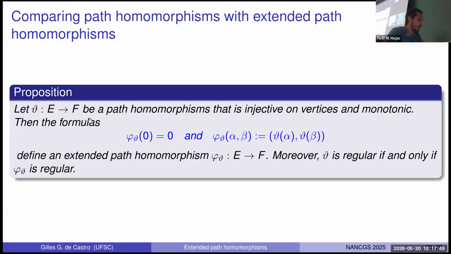We take this path homomorphism because for this extended one, we started directly from the compact algebras. We asked the path homomorphism to be already injective on vertices and monotonic. And if you have this path homomorphism like this, then the formulas themselves just send 0 to 0, because we want this to be an extended path homomorphism, which is still part of the definition.